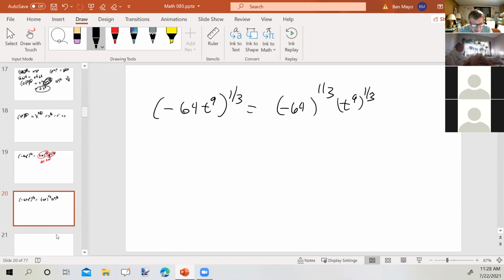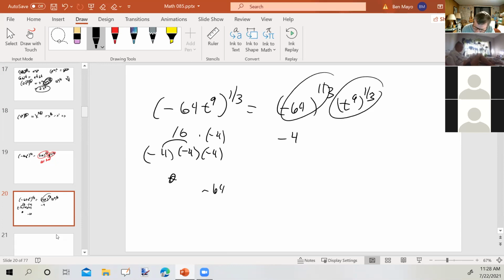You can take an odd root of a negative number, and the cube root of -64 is -4, because -4 times -4 is 16, times -4 is -64. So this is -4, and this would be t cubed. Because a power raised to a power, you'd multiply the exponents. 9 times 1/3 reduces down to 3. Okay.